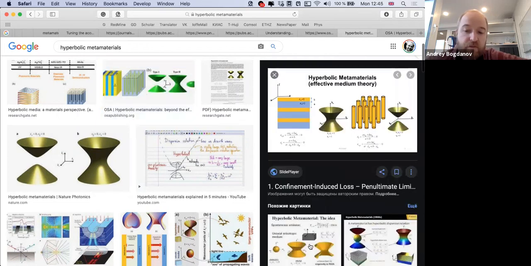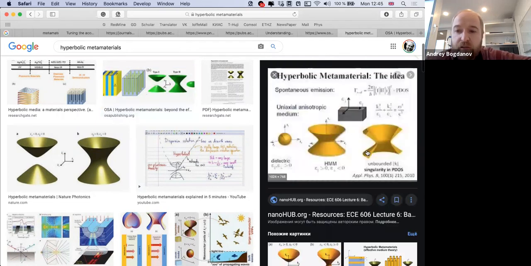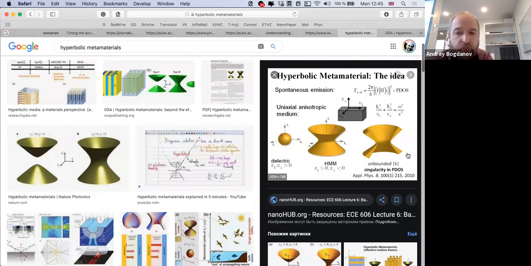This slide just shows you. If you take some energy interval, it's like a volume between two neighboring isofrequency surfaces.